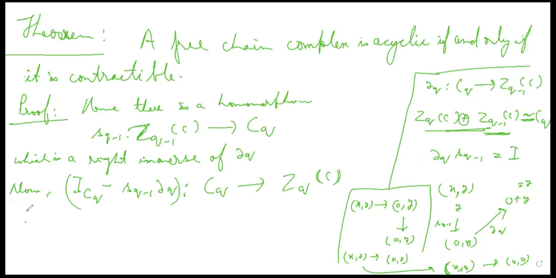Now, put d_q equal to S_q (I_{C_q} minus S_{q-1} ∂_q). So this is a map from C_q to Z_q(C), and then when you apply S_q, it is a map from C_q to C_{q+1}.